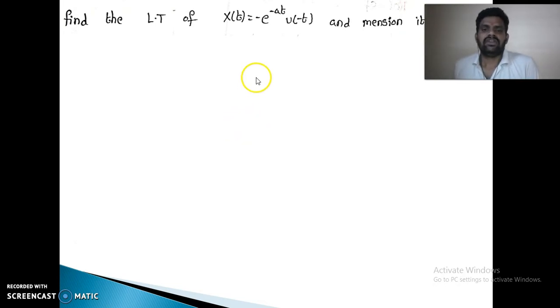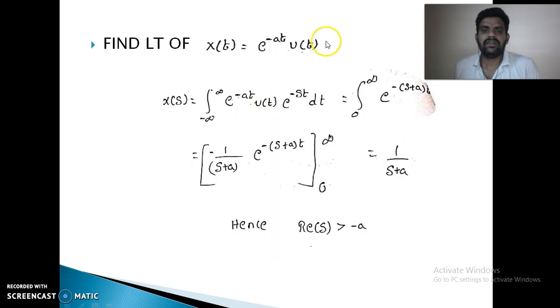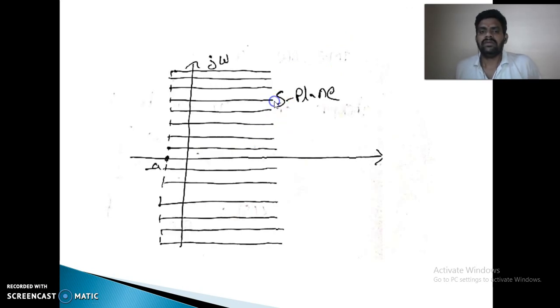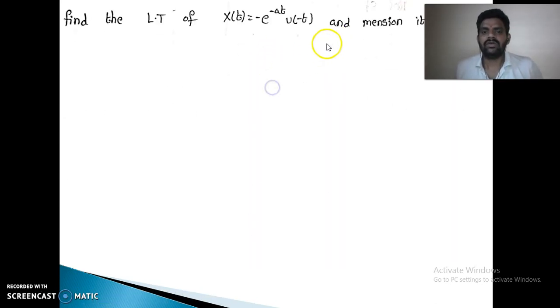Next, to find the Laplace transform of e power minus at u of minus t. The previous one is e power minus at u of t. If a function is multiplied with u of t, it is a right-sided function, then its ROC is to the right side of the pole. Similarly, the same function now multiplied with u of minus t is a left-sided function, and the ROC is the left side.